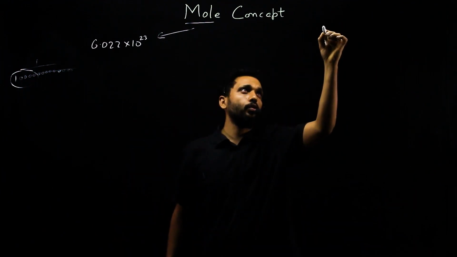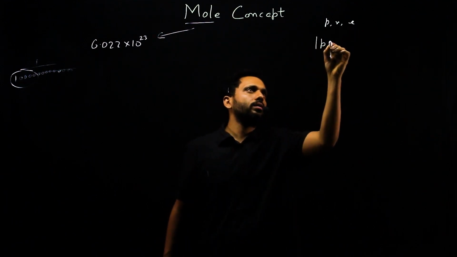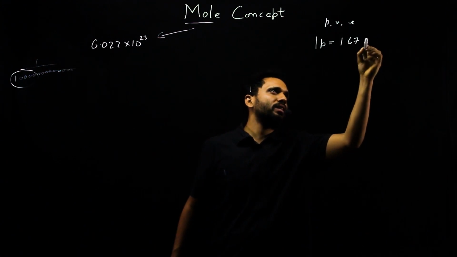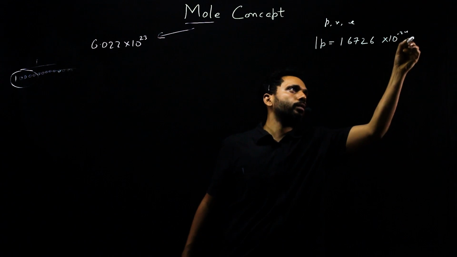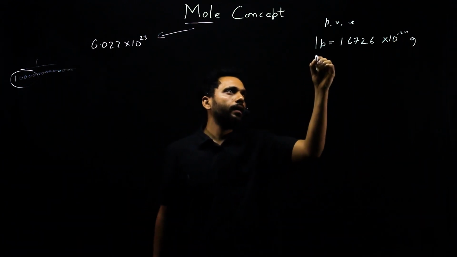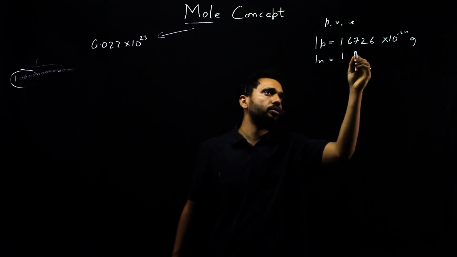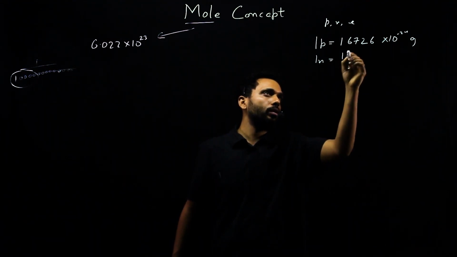Atoms are made up of protons, neutrons, electrons. One proton has a mass of 1.6726 into 10 power minus 24 grams, and a neutron has almost the same mass, slightly higher, because it's a combination of a proton and an electron which makes a neutron.